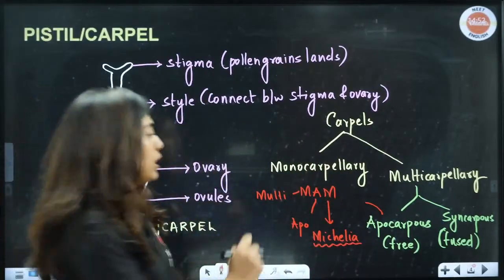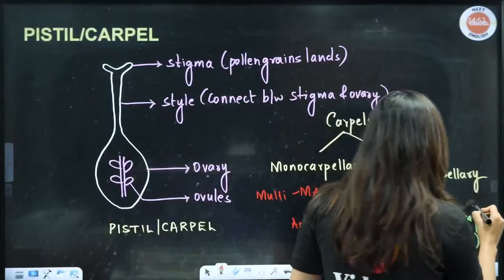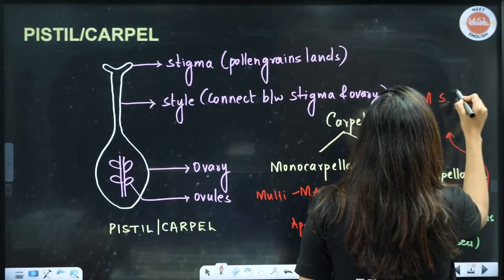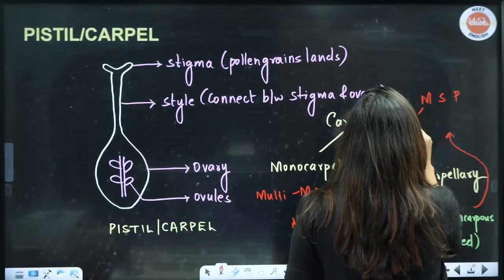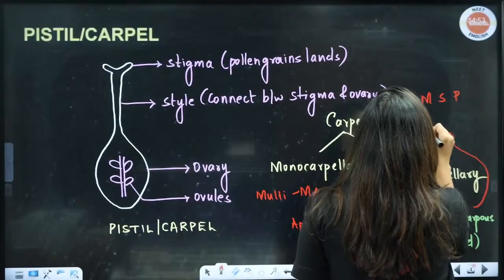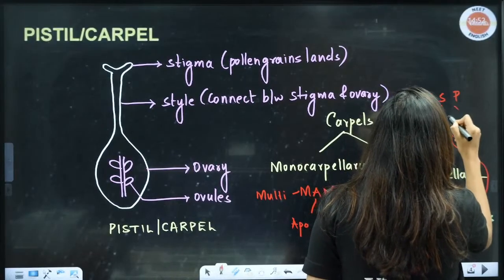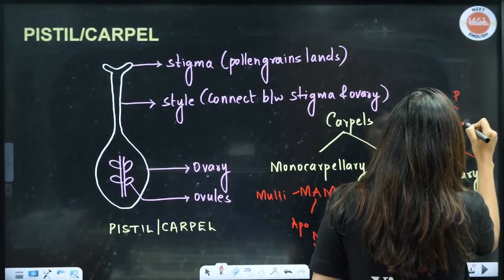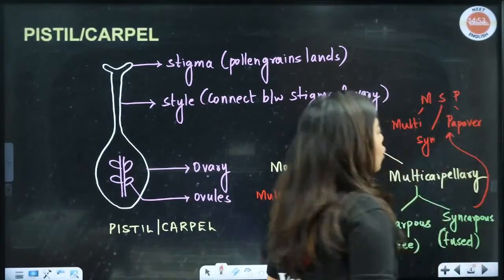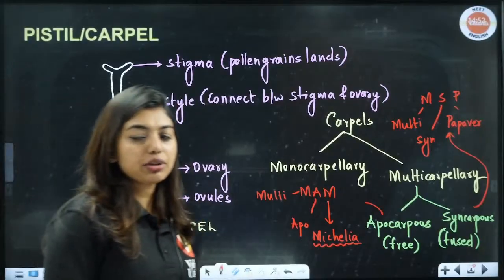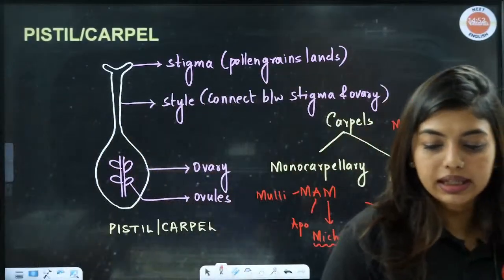Clear? Now for syncarpous, to remember the example, remember M-S-P. Again M for multi, S for syncarpous, and P for the important example, Papaver. The full name is Papaver somniferum, or you can also remember poppy plant. So can you remember this much?